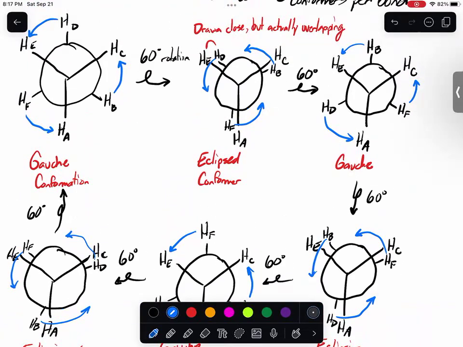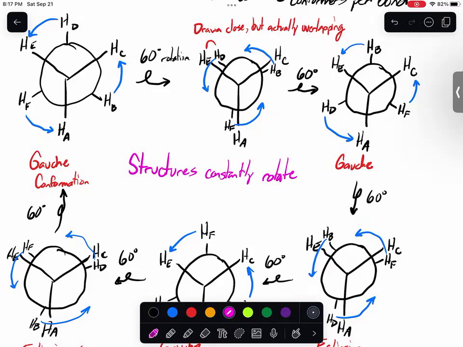And essentially, if we were to put this in a very simple way, structures will constantly rotate, right? So conformations happen all the time. They are constantly changing.